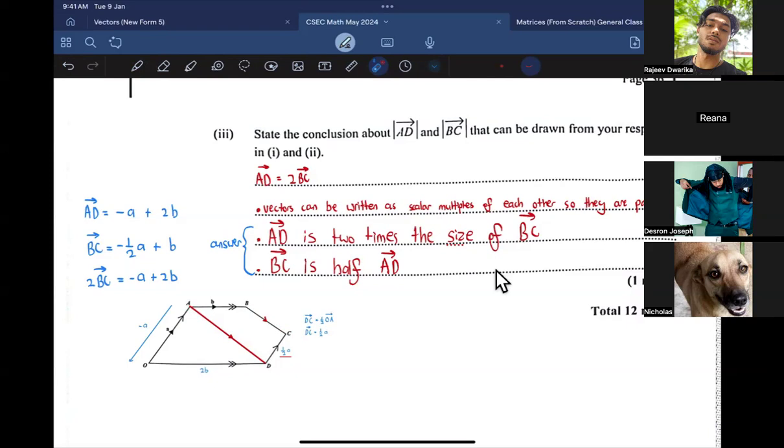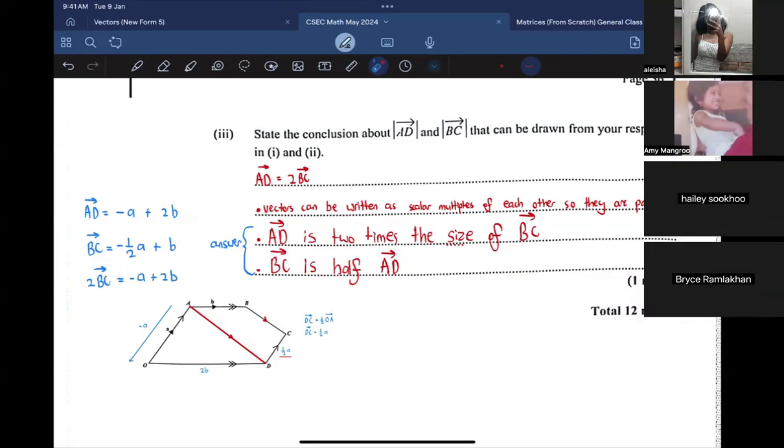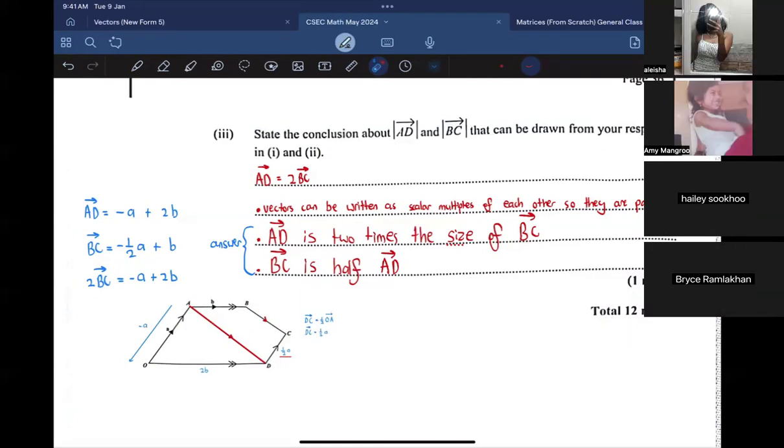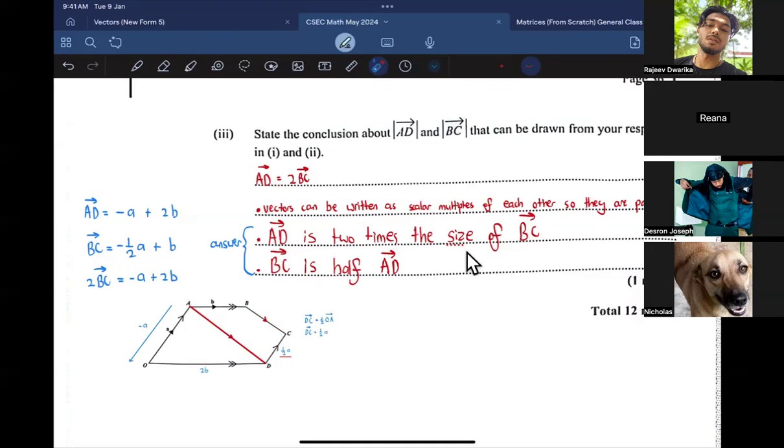Right, done. All right, nice. What about the rest of you guys? Let me know if you have everything copied down. Yeah. Me too, I think. Nice. I didn't hear anything from Amy, Alicia, Haley, Bryce, Kirsten, and Sasha. Oh, Sasha.